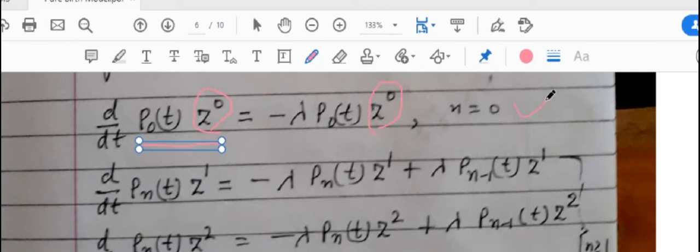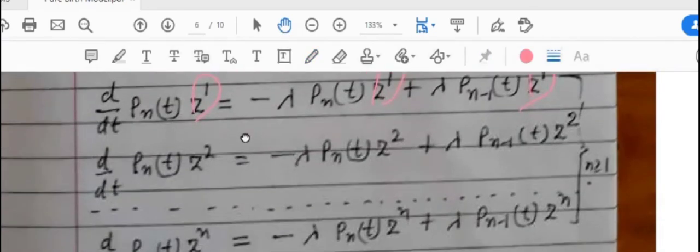This is for n equal to 0. This was the first. The second one is what? Multiply by z to the power 1, on the left and on the right. Similarly, we multiply by z square, and so forth, so on.